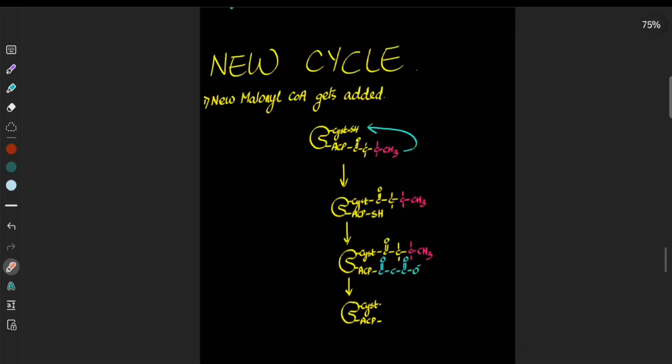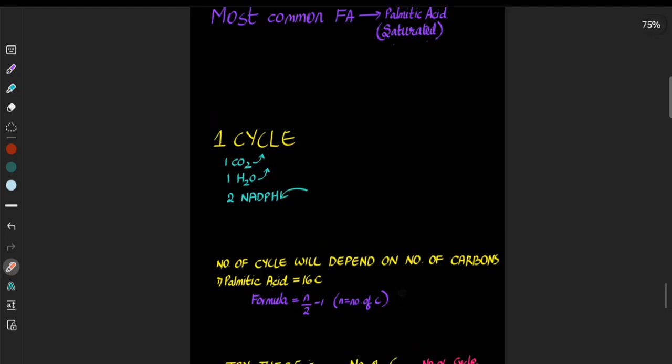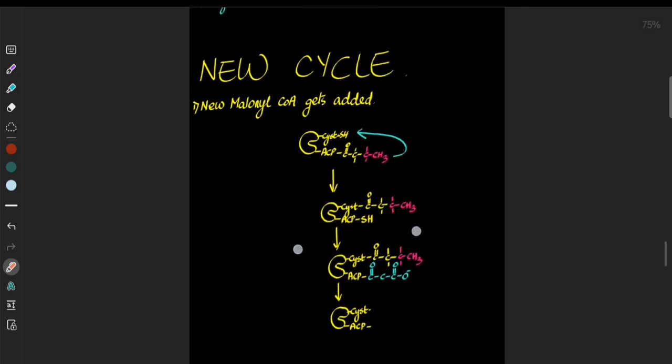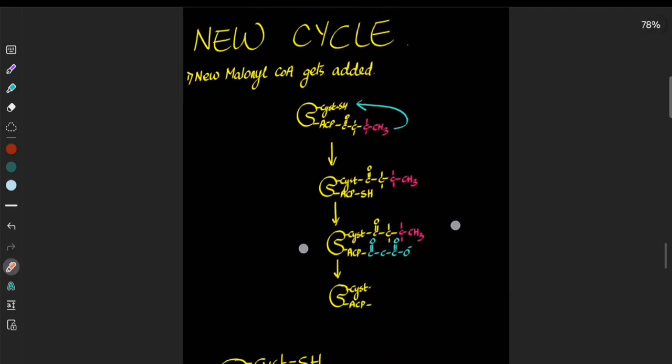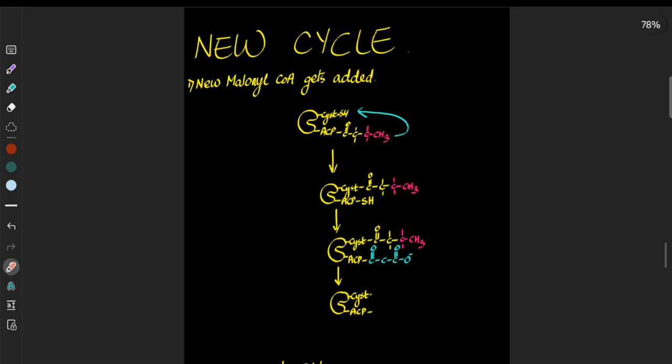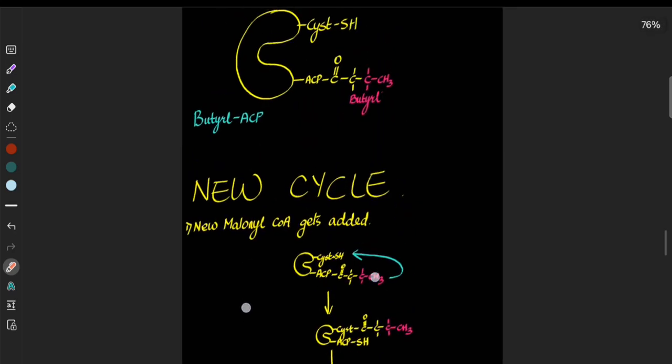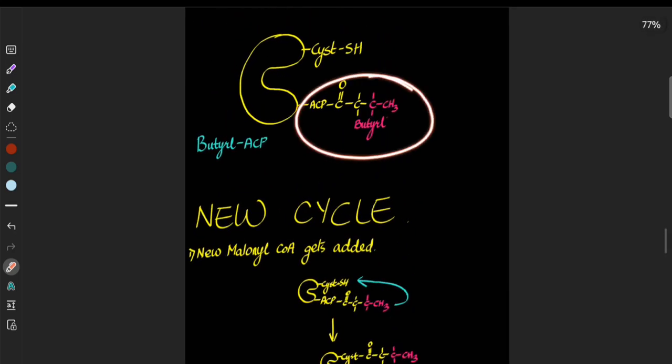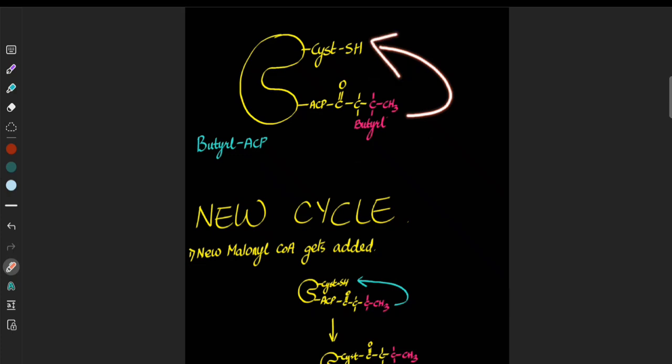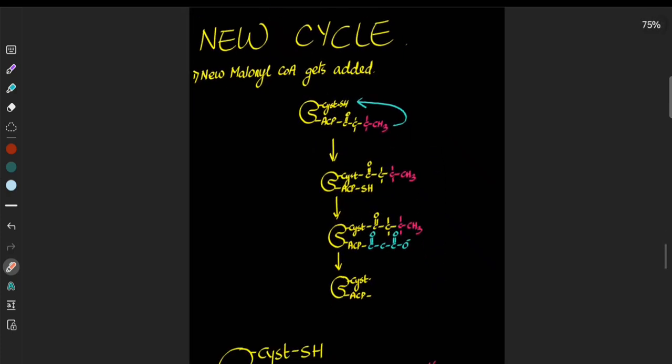Okay, so I've just made it very simple over here. As you can see, the acyl group which was present will be transferred to the cysteine SH. So this group over here will be transferred to the cysteine part, right? And then the ACP group will now be free for the new malonyl to come in.